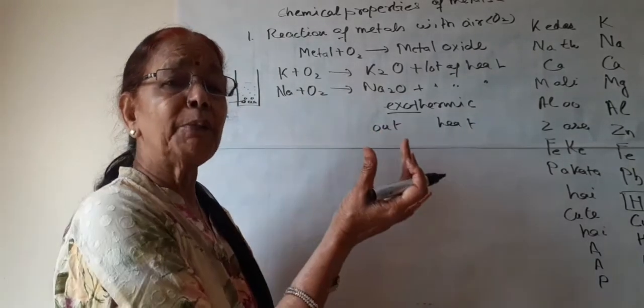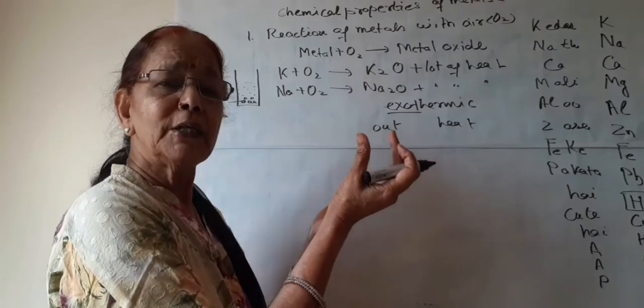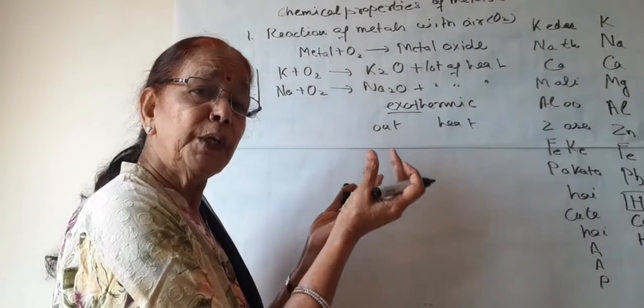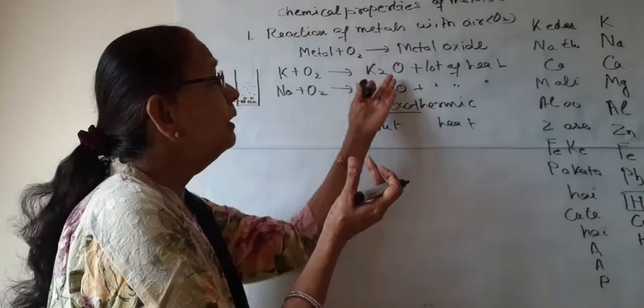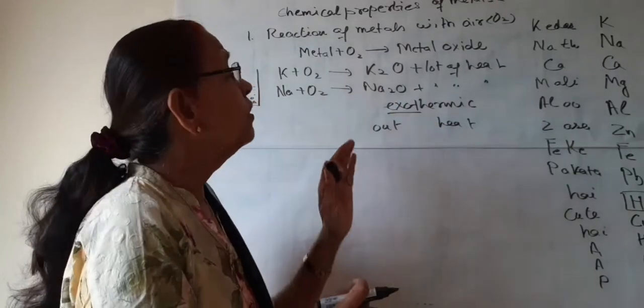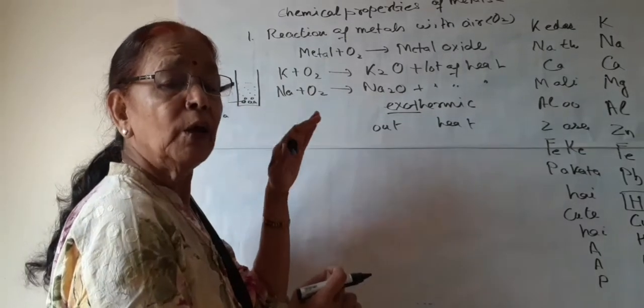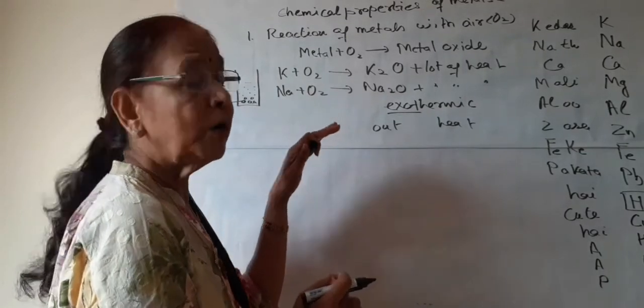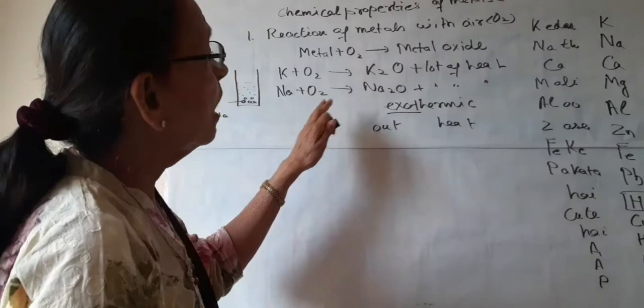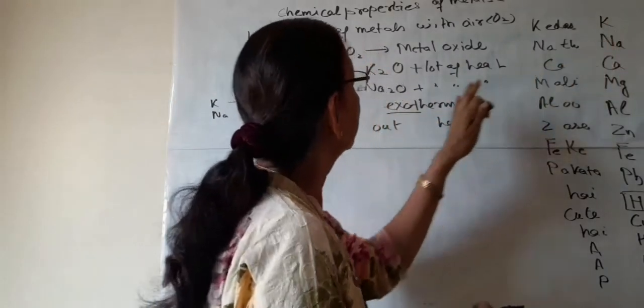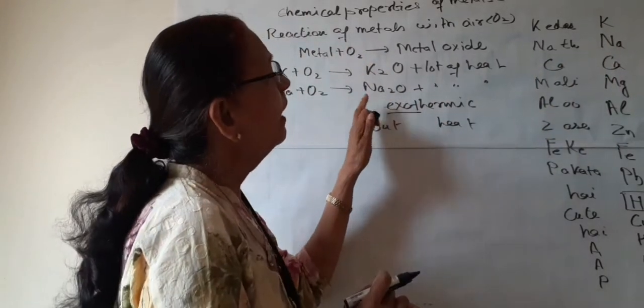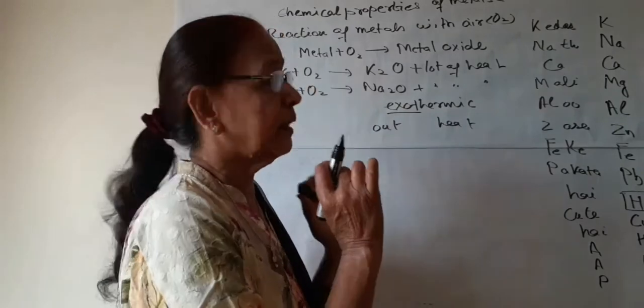If they are kept open, humidity is present in the air, and with the humidity of the air and oxygen, they react vigorously. So these are kept in kerosene oil for safety. So this is how these two react with oxygen, and the reaction is vigorous.